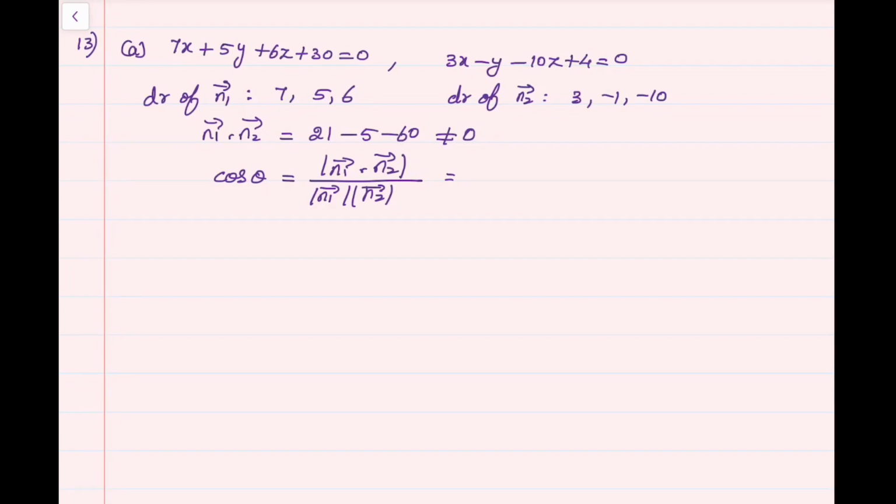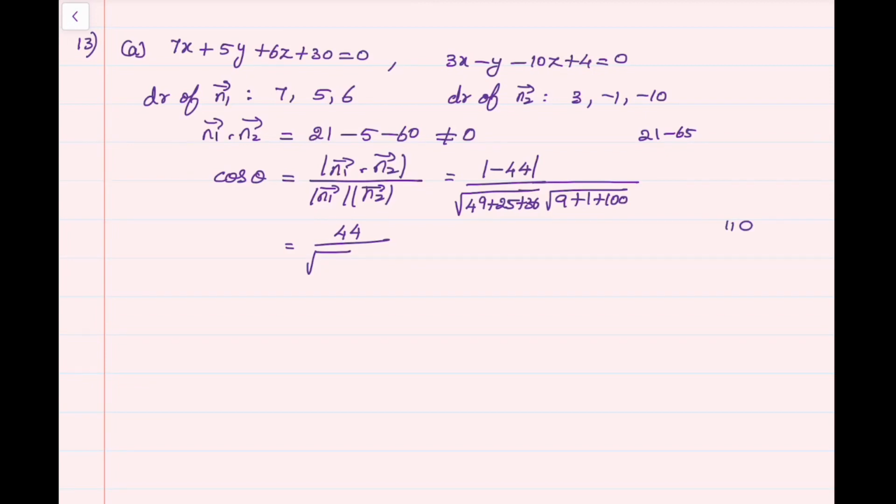Dot product just now we calculated 21 minus 65, which is minus 44, divided by magnitude of the first vector, root of 49 plus 25 plus 36 times magnitude of the second vector, 9 plus 1 plus 100, which is 44 divided by root of, the first total is 110 and the next one is 110. 44 divided by 110, we can cancel 11 and 2.